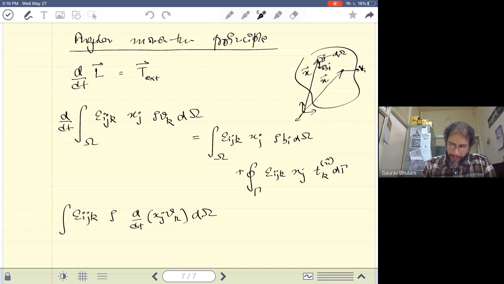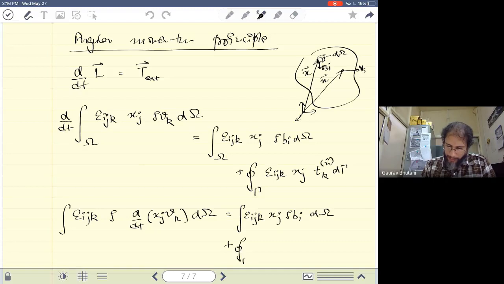On the right hand side, we'll keep the first term as it is. We'll not touch it, and we'll use the Gauss divergence formula on the second term. So the first term stays as it is. In the second term, we'll first apply the Cauchy stress principle.